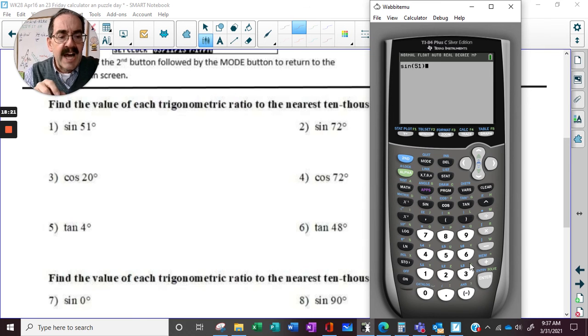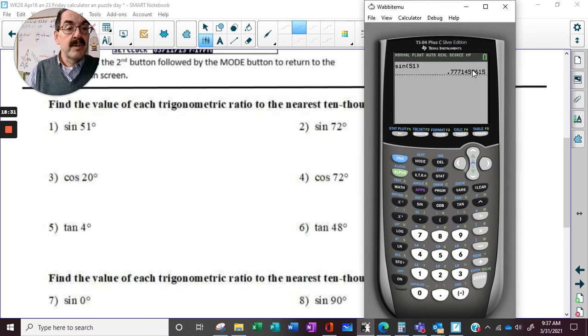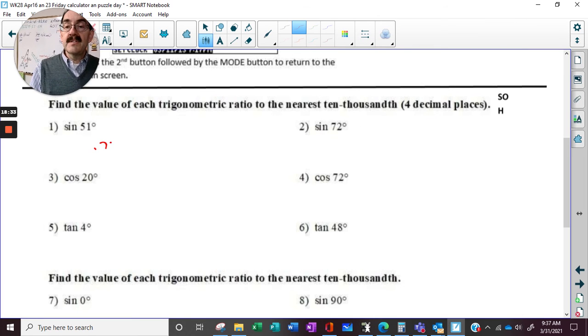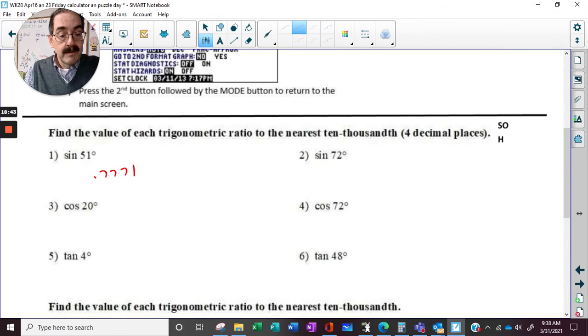That's called the sine, and you get a number, 0.7771, to the nearest 10,000th. That's 4 decimal places, 1, 2, 3, 4. I would like everybody to take 10 minutes and just crank out all 17 of them.